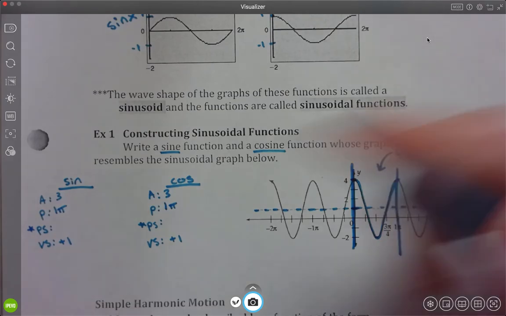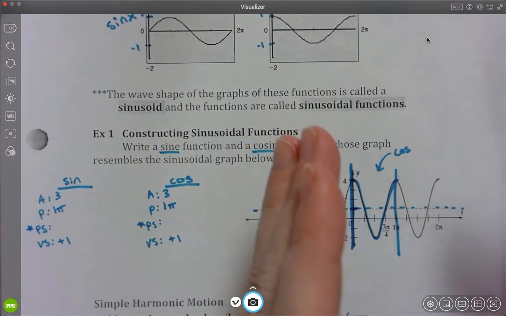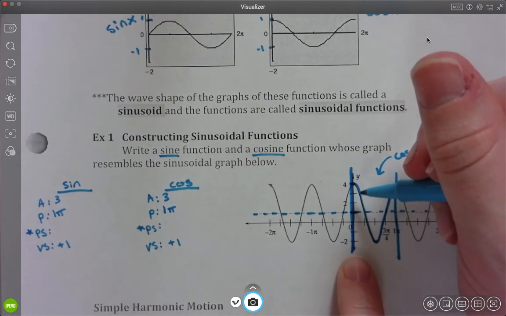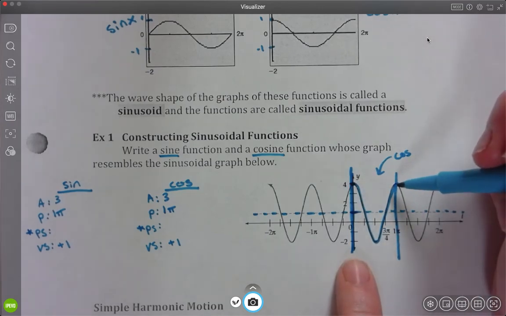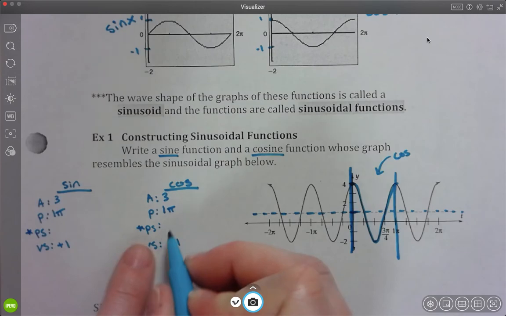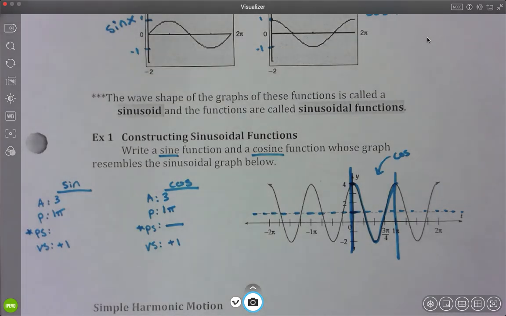I already said that if I look at the way it's written right now, starting at the y-axis, it starts up at the top and goes down and comes back up just like cosine would. So cosine is not going to have a phase shift at all. Now, for sine, I want to figure out where sine is starting.